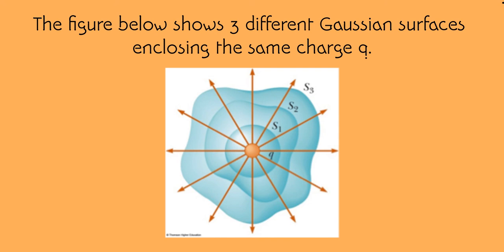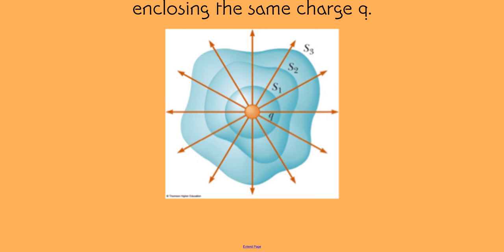Now, because that innermost one is spherical, we know that the electric flux through S1, that's my innermost sphere, is equal to Q over epsilon naught. Now, we'll say that this is the Q that's enclosed, and you'll understand a little bit more as we get further into Gauss's law as to why we specify that.